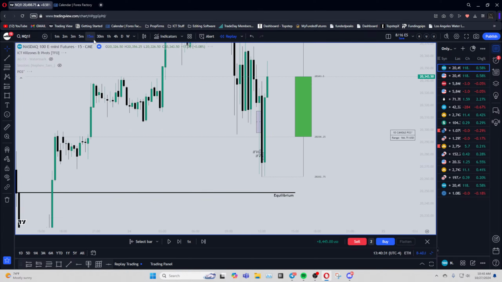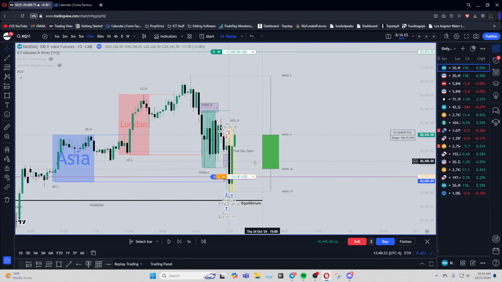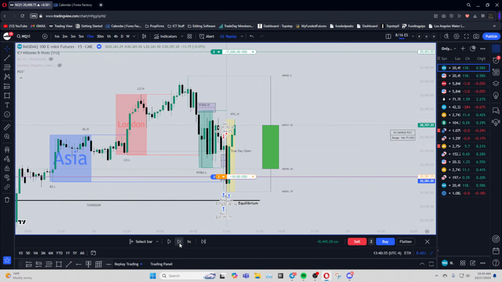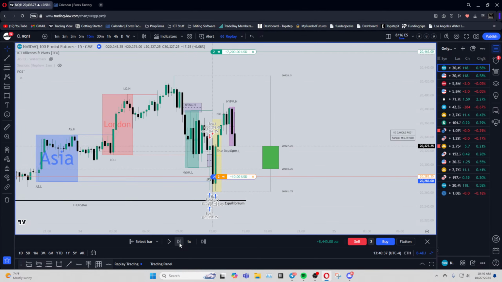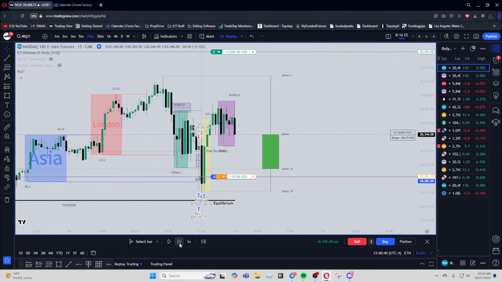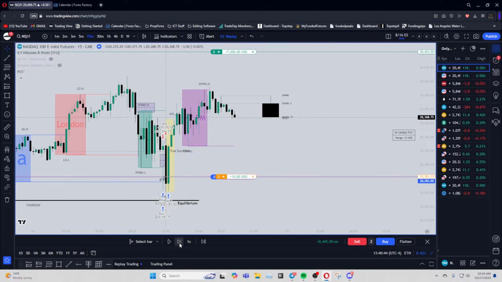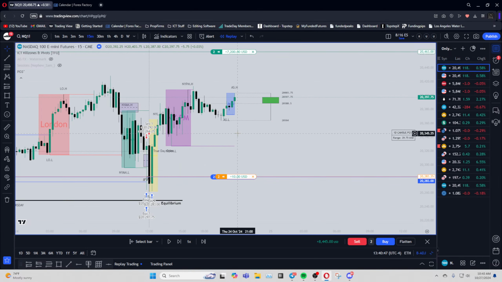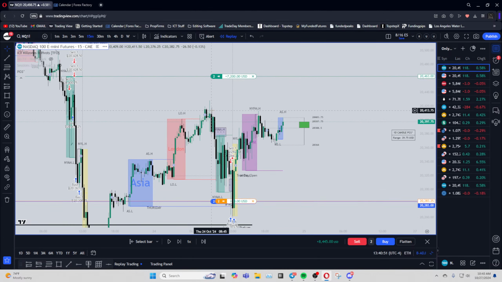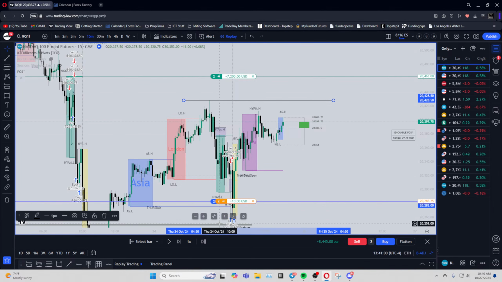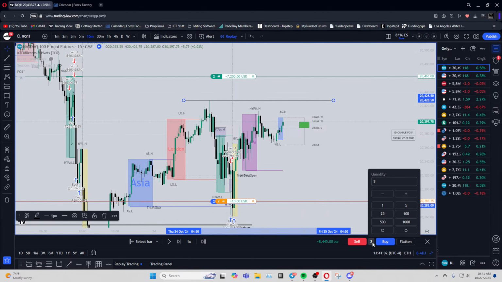Let's hop on the higher time frame now. Okay, looks like we're already going into the next day. Something I'd like to target now, just partial out now, is this high right here, because this becomes Thursday's high. So we'll partial once we hit that.